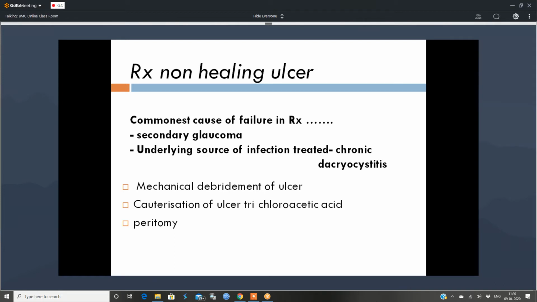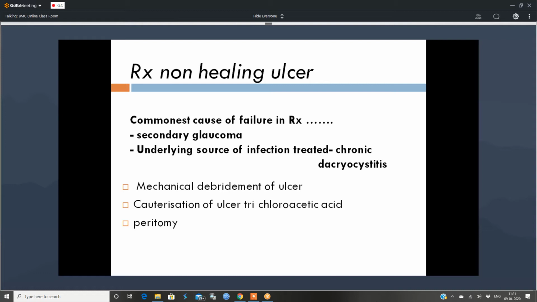Okay, the most common reason is wrong diagnosis. Suppose you are going to treat a fungal keratitis as bacterial keratitis, then it's not going to respond at all. So the other common reasons are secondary glaucoma and underlying infection, that's your chronic dacryocystitis.